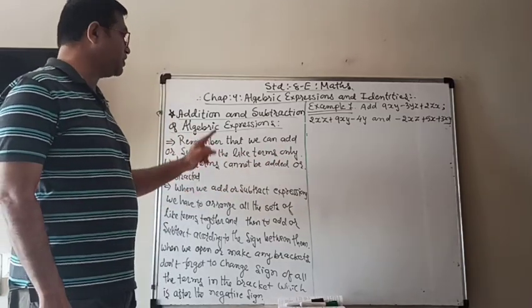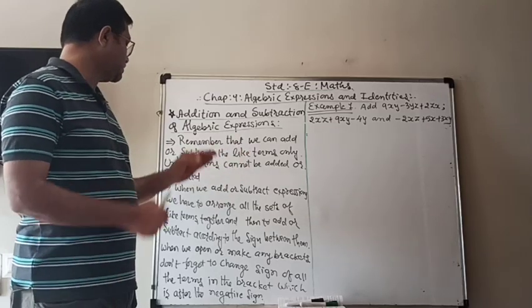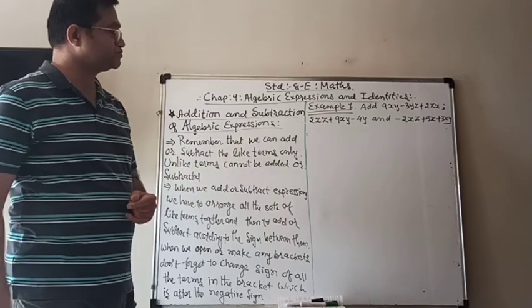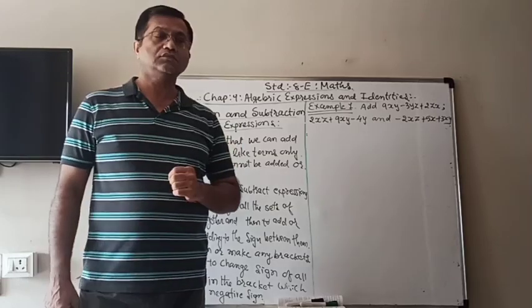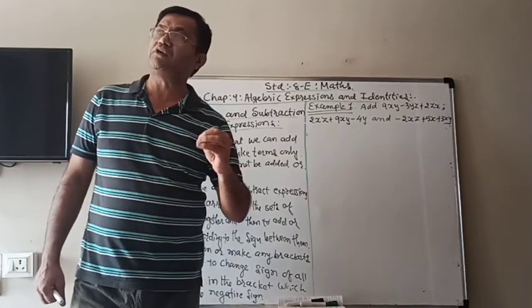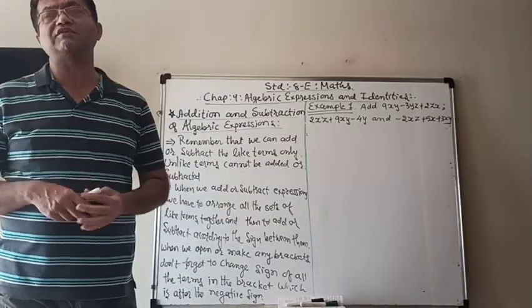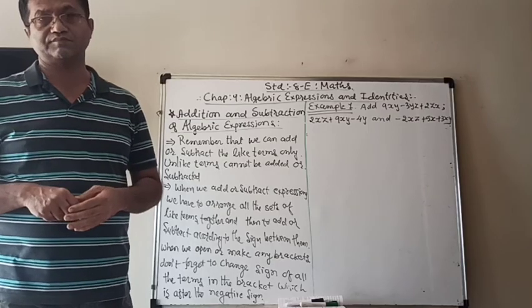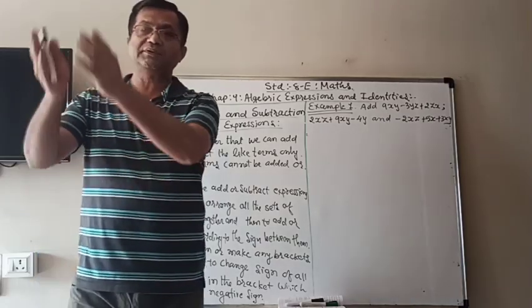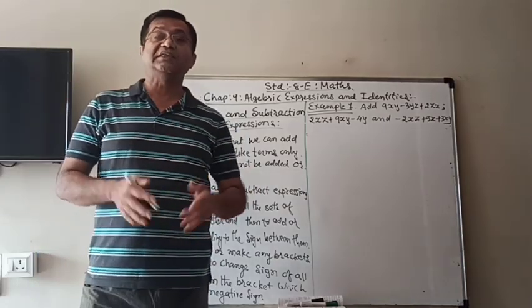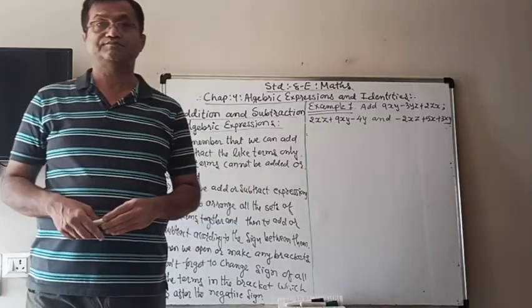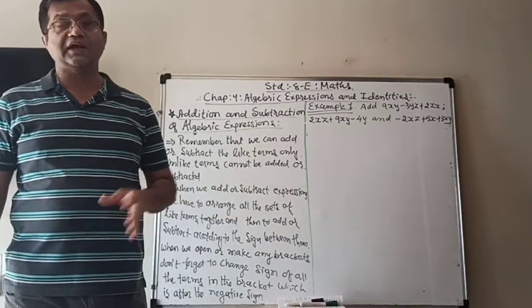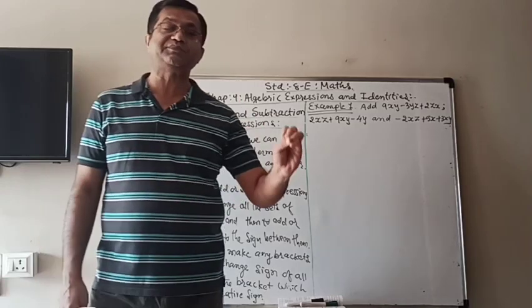Unlike terms cannot be added or subtracted. When we add or subtract, we have to keep the like terms together, and then add or subtract them.